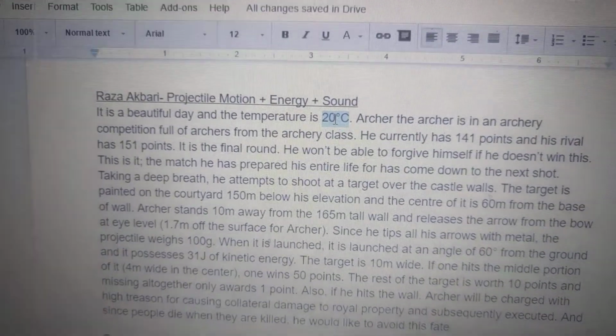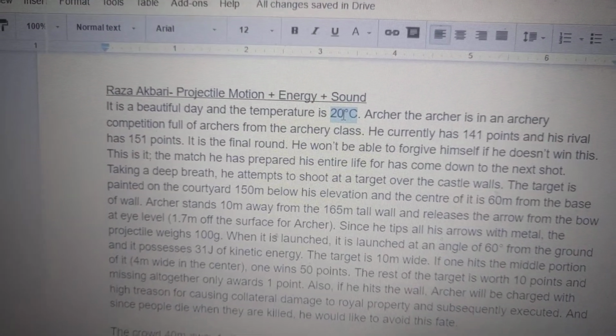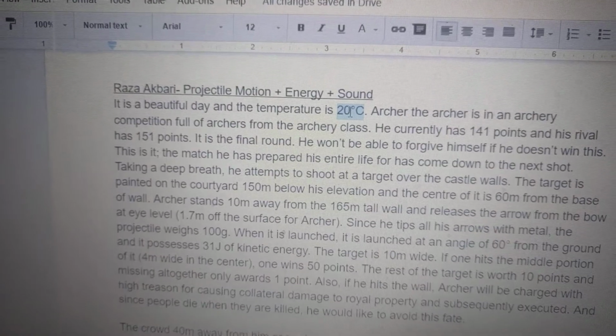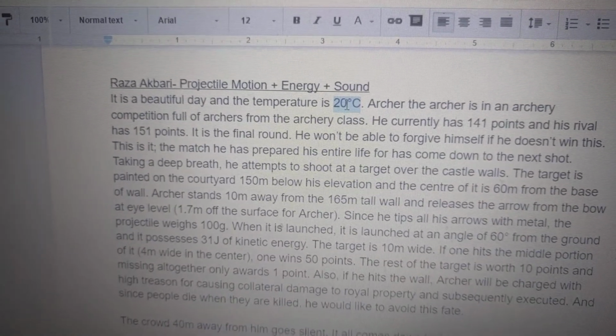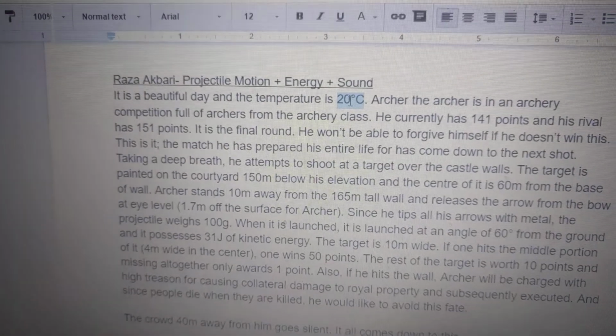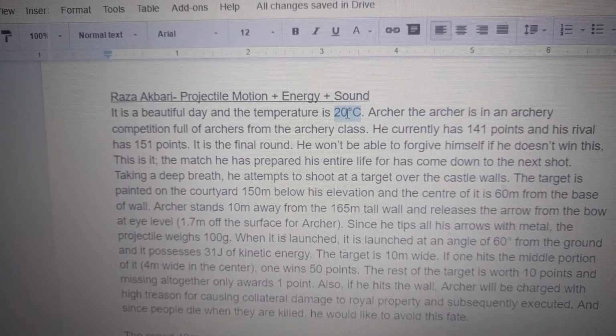And if you look at the first sentence of this question, it says that the temperature is 20 degrees Celsius, and we can use that to substitute back into the speed of sound formula, and work out what the speed of sound is for this question.